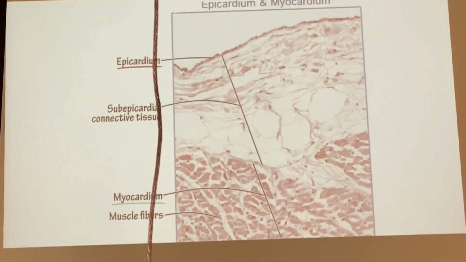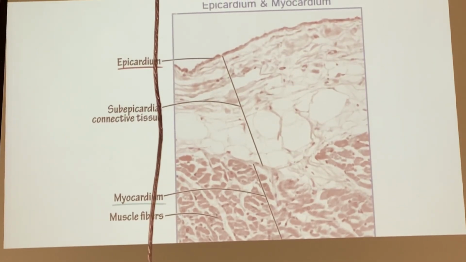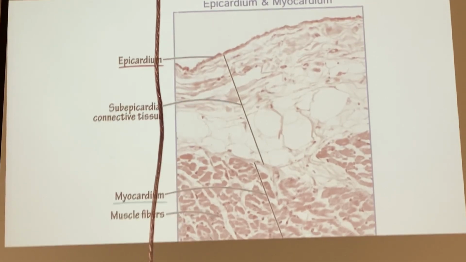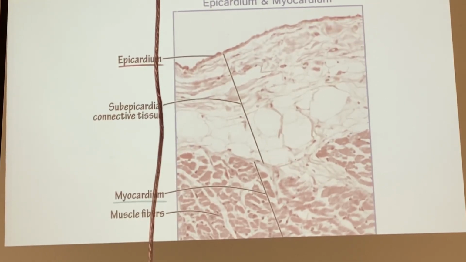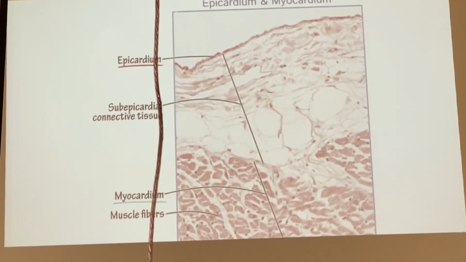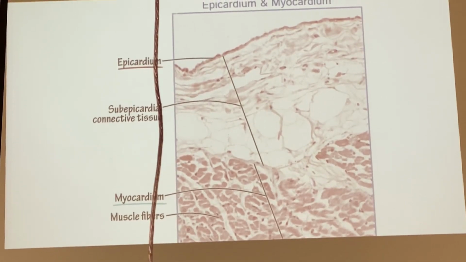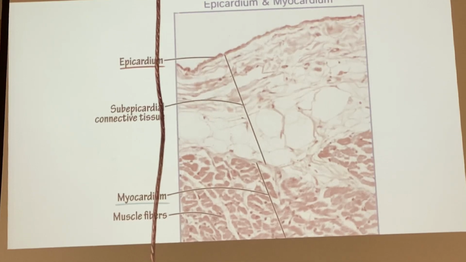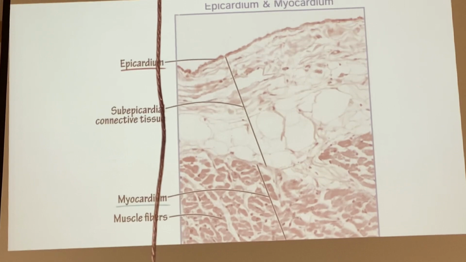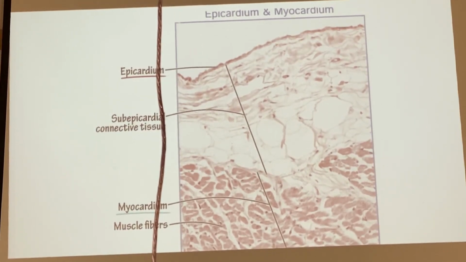This epicardium actually is the mesothelial cells, which is reflected from the parietal pericardium onto the heart, forming a visceral layer of the mesothelium of the pericardial layer.